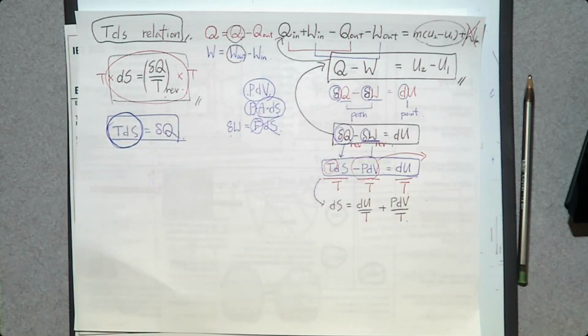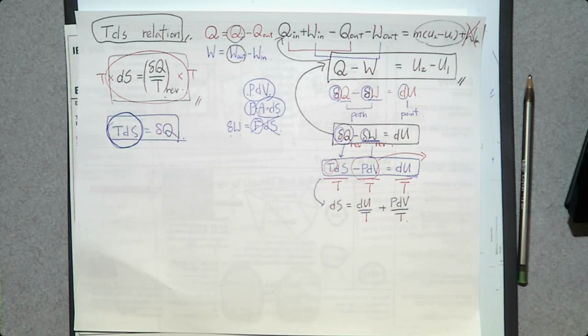Do you remember from chapter 1 of thermodynamics, I told you, you want to use intensive property rather than extensive property. This capital S, do you like capital S? Now you want to have lowercase s, specific entropy. How can you convert capital S into lowercase s?